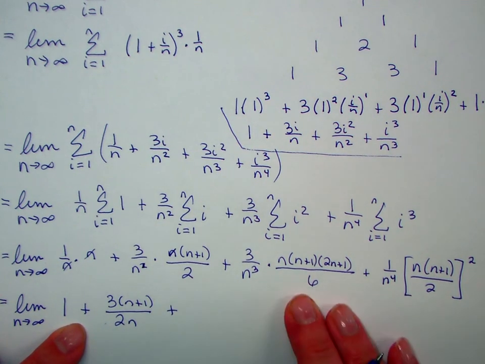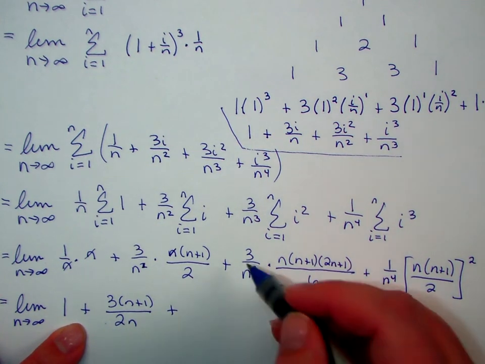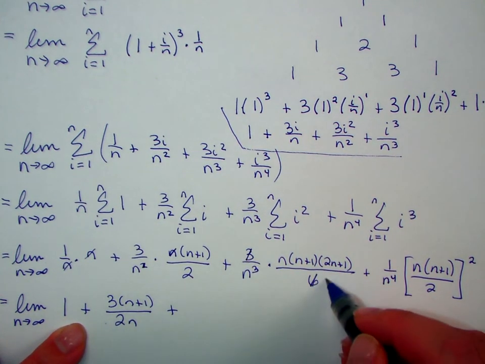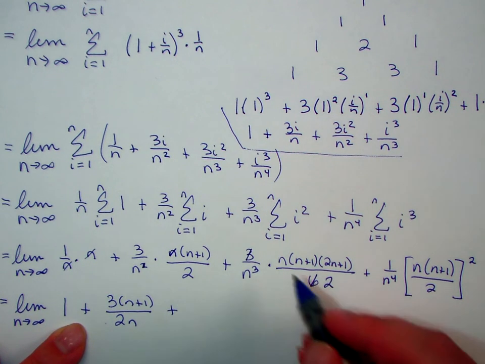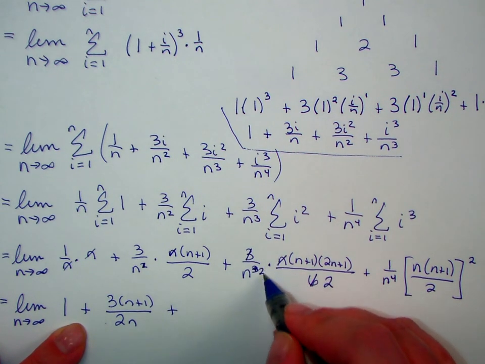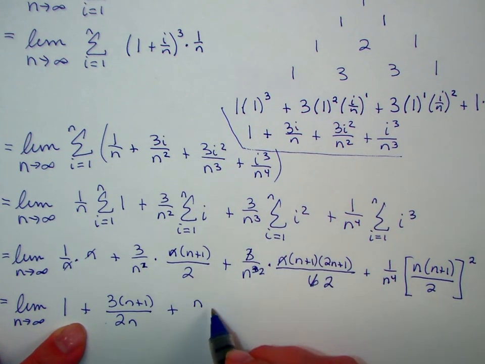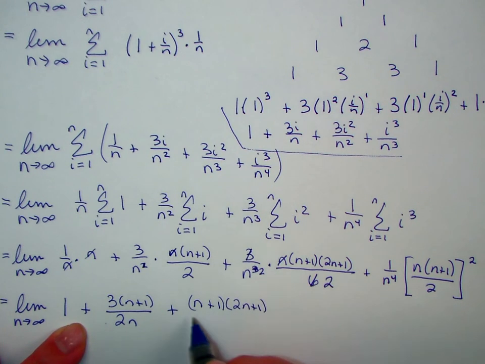Now in the third term, I'm going to let the 3 cancel with the 6, and then let 1 n cancel with an n here. And so I get n plus 1 times 2n plus 1 over 2n squared.